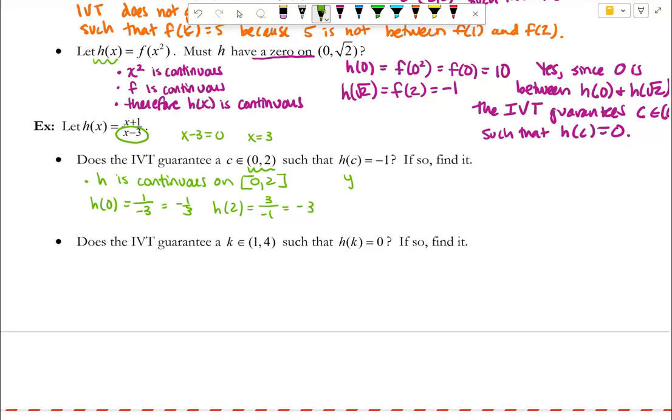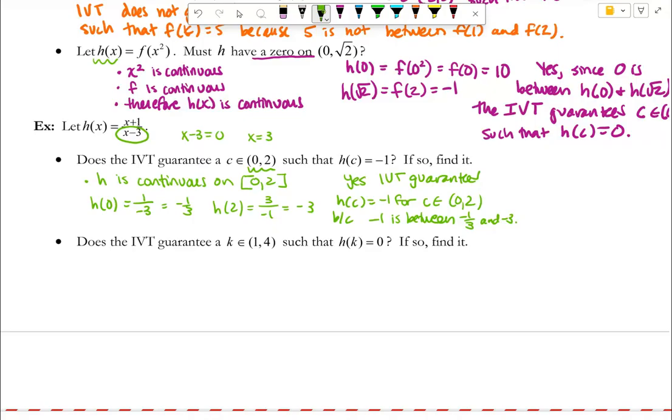So, yes, IVT guarantees h of c equals negative 1 for some c that's an element from 0 to 2, because negative 1 is between negative 1/3, or h of 0, and negative 3.